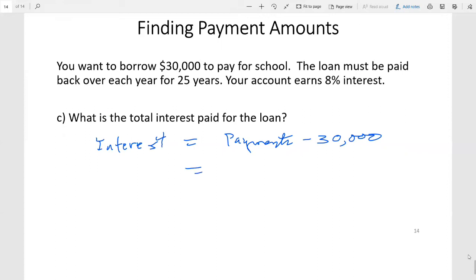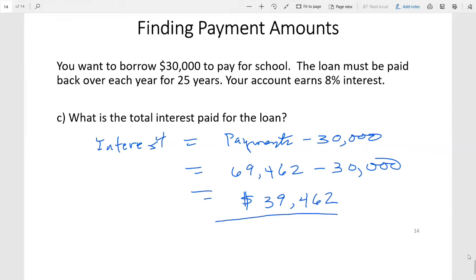So $69,462 minus 30,000 is equal to $39,462. That is the amount of interest you paid for borrowing $30,000 to pay for school.